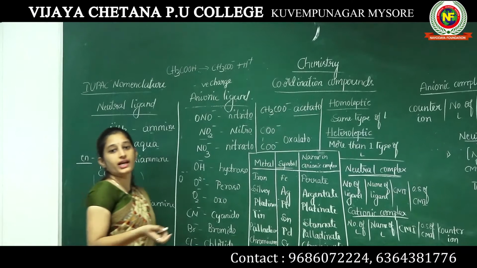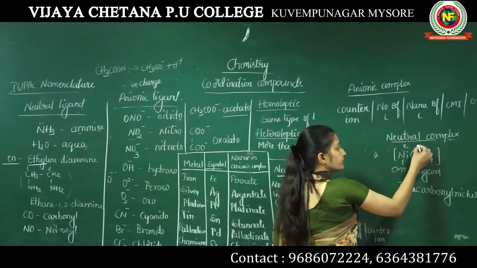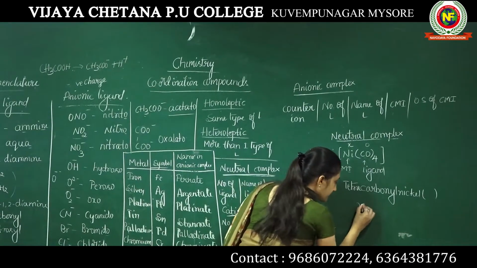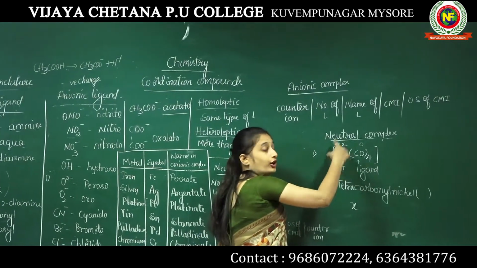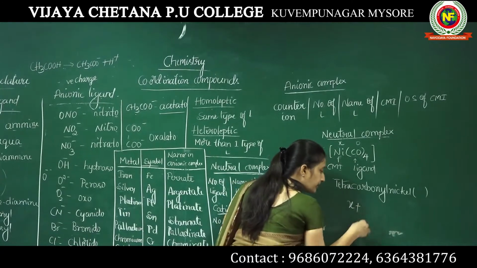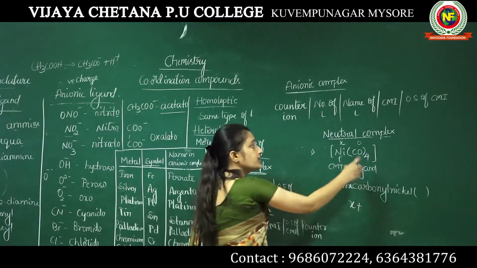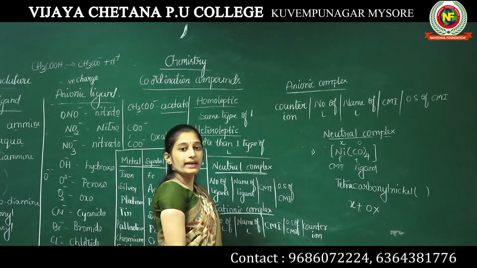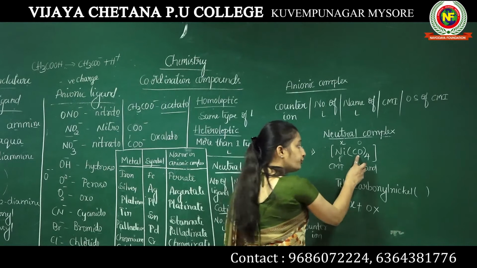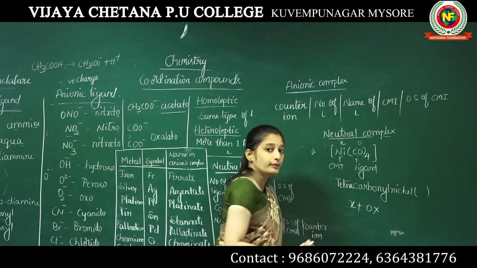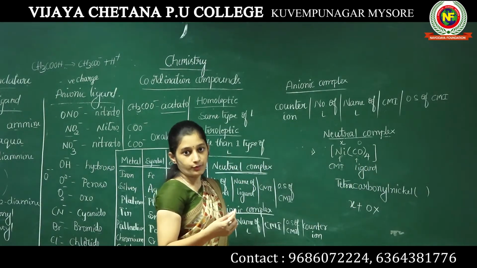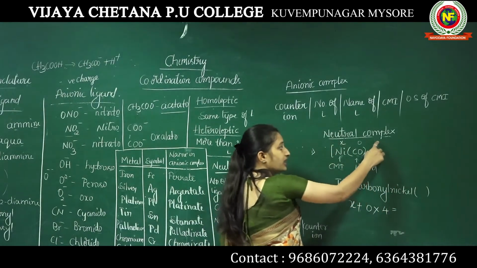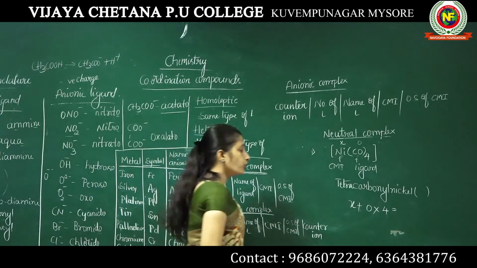Neutral means no charge, so 0. To calculate the oxidation state: X for nickel, plus 0 multiplied by 4. Why multiplied by 4? Because 0 is for one carbonyl group, and there are 4 carbonyl groups. So 0 multiplied by 4, and the overall charge. Any charge? Nothing. So 0.